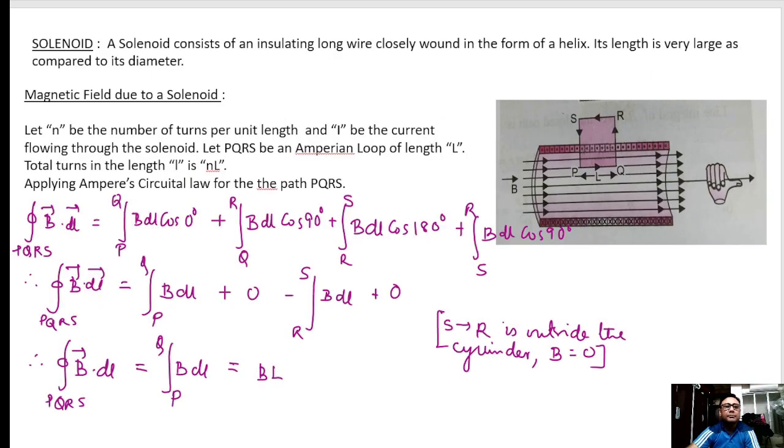Next, we are going to study a topic, the solenoid. So what is a solenoid?